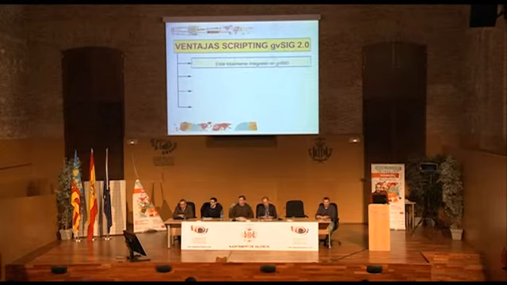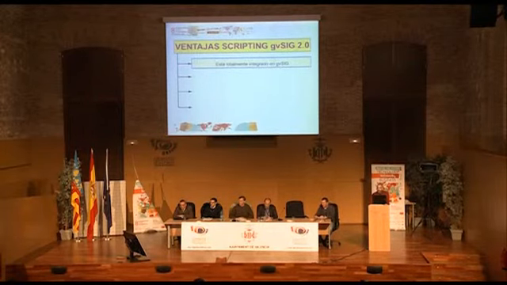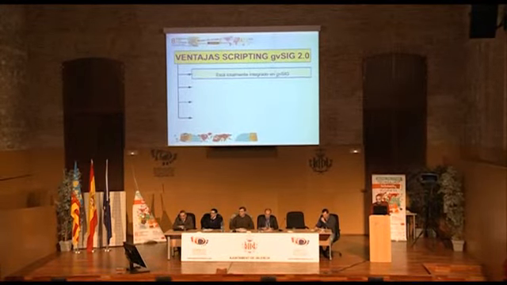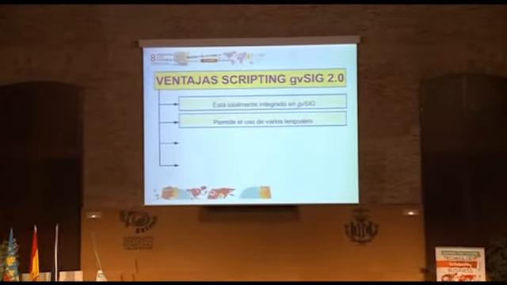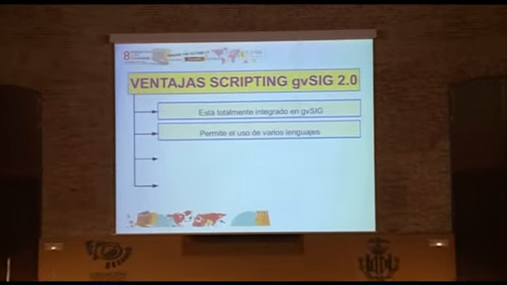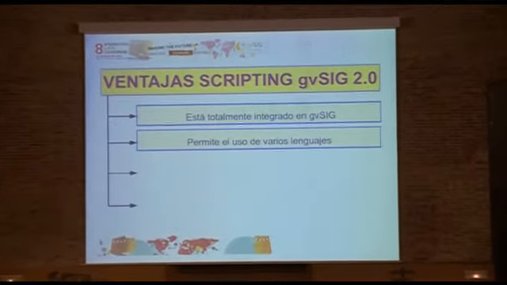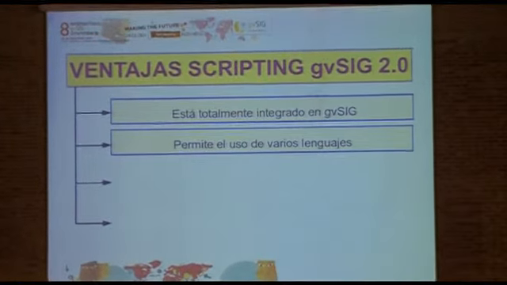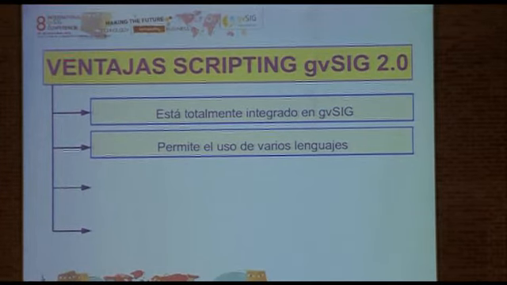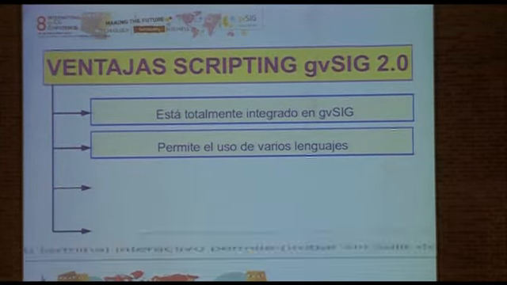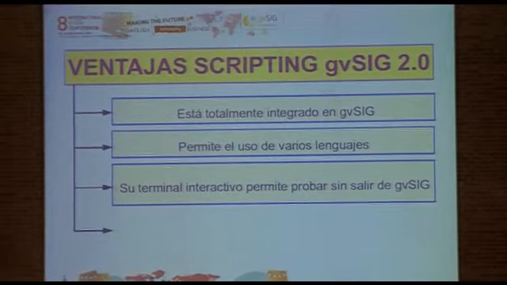It is fully embedded in gvSIG. It means that in gvSIG, the one that we are running with all the objects that we have loaded, views, layers, images, maps, this is what is available in our extension when we are running the script. It also allows the use of programming languages. We have used Python. I will tell you why we have chosen Python, but if you are not feeling comfortable with that language, you can use any other language included in that extension, and you can build your script with that language too.